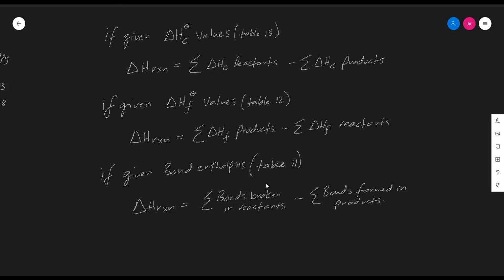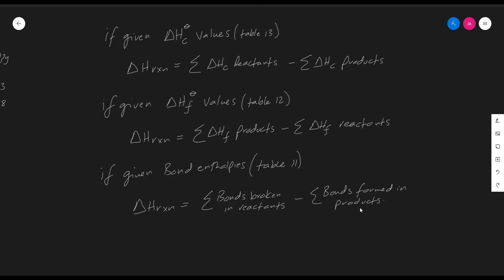While if you're asked to calculate the enthalpy change of reaction occurring in the gaseous state using bond enthalpies, which are listed in table 11 of the data booklet, the enthalpy change of reaction is calculated by the sum of the bonds broken in reactants subtracted from the sum of the bonds formed in products, as we discussed in videos 2 and 3.